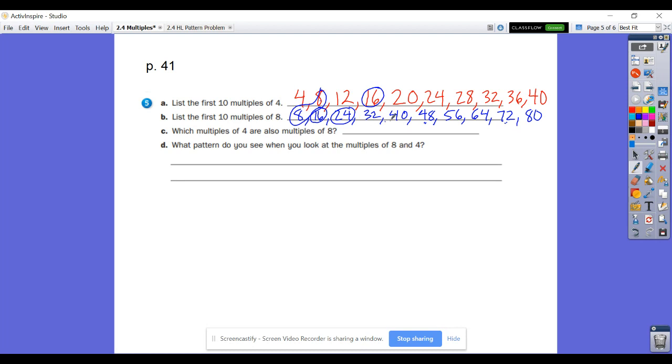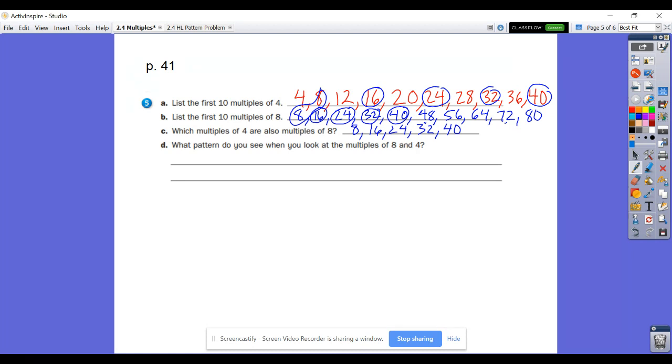We have a match here with our 24s, 32. Oh, look at that. Every number that was a multiple of 8 is also a multiple of 4, but in 4, we're only getting every other number. So from our list, it was 8, 16, 24, 32, and 40.